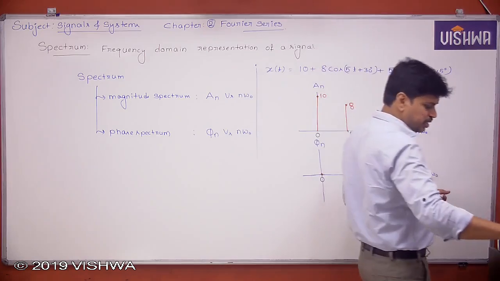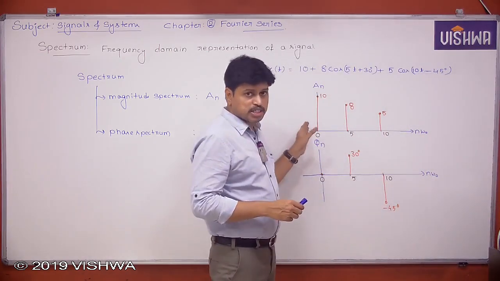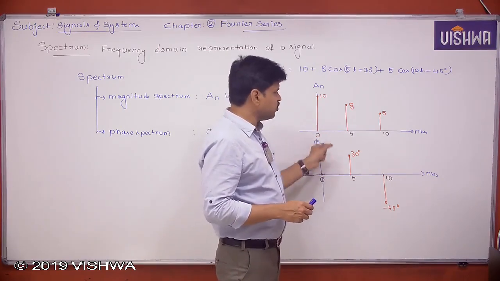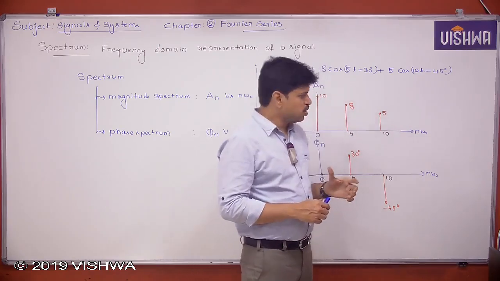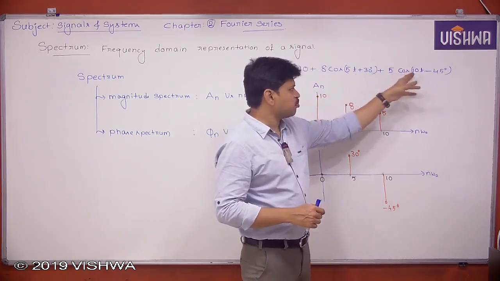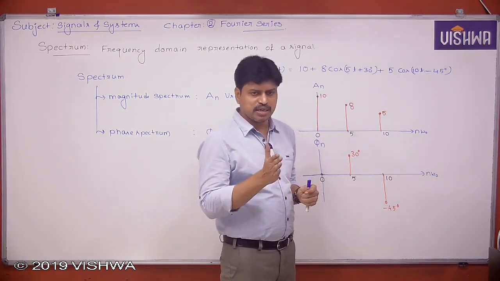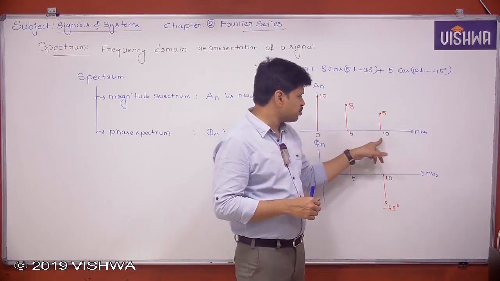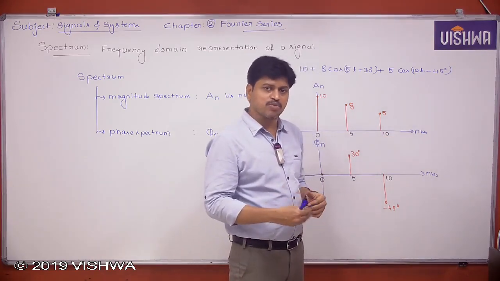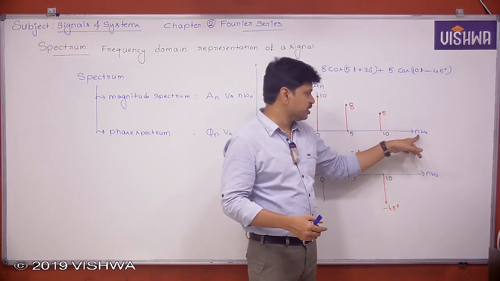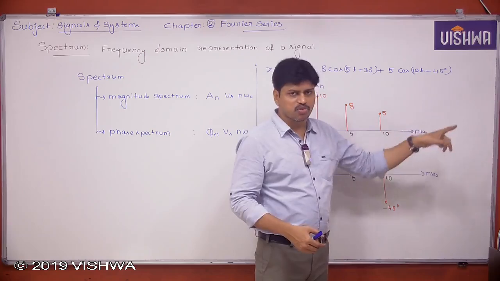And one more thing I want to say: the spectrum, that too the Fourier series spectrum, if you observe, is always a line spectrum. That means it is not a continuous spectrum. Why? Because we are considering the harmonics, and harmonics are nothing but discrete. Let's say if 5 is there, next has to be 10, next has to be 15, like that. So it is nothing but n omega naught, where n is an integer: omega naught, 2 omega naught, 3 omega naught, 4 omega naught, like that.